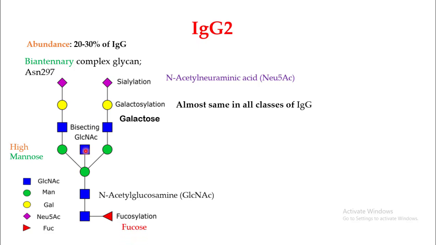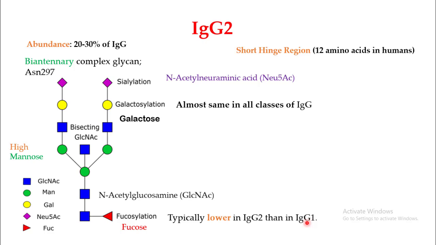Then you have got the fucose that has been attached at this particular position, and the attachment of the fucose to a molecule is known as fucosylation. Now, this fucosylation is typically lower in the immunoglobulin G2 when you compare that with the immunoglobulin G1.